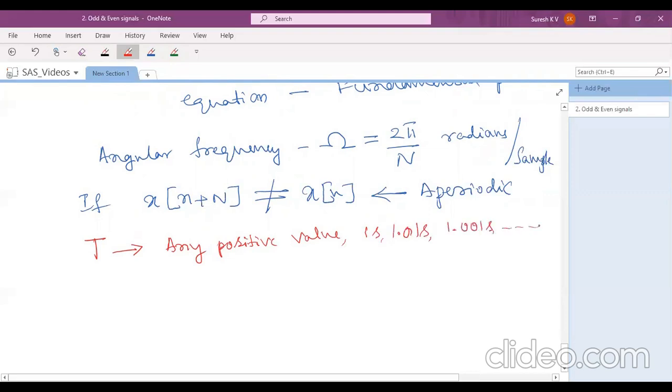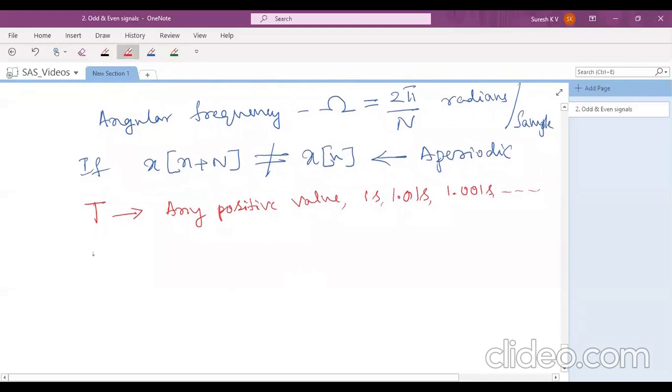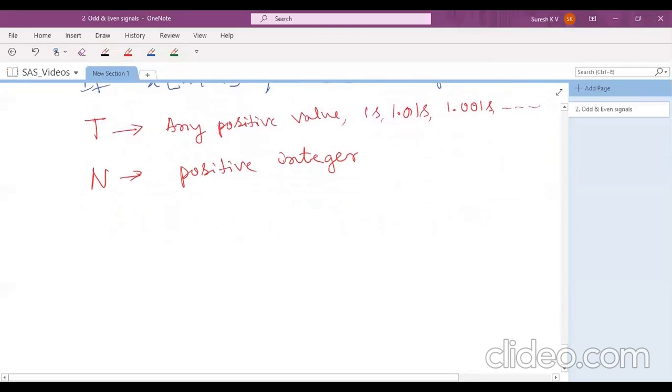It can take any positive value. However, capital N has to be a positive integer. So this is the difference between discrete and continuous period. So let us take an example now.